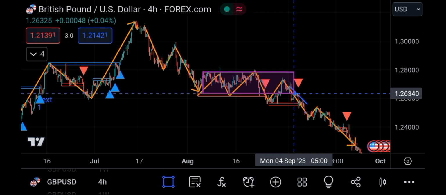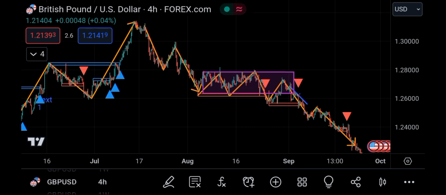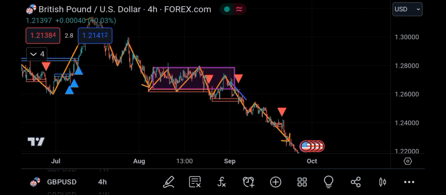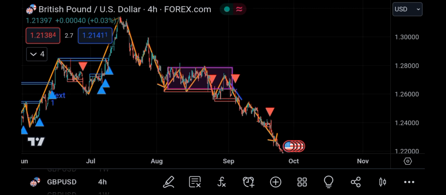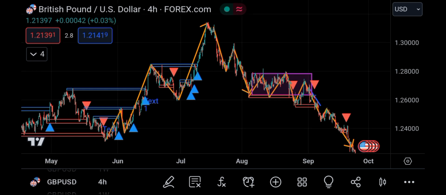At this area, the market was at a consolidation, and after the correction, the market moved down and continues downward.